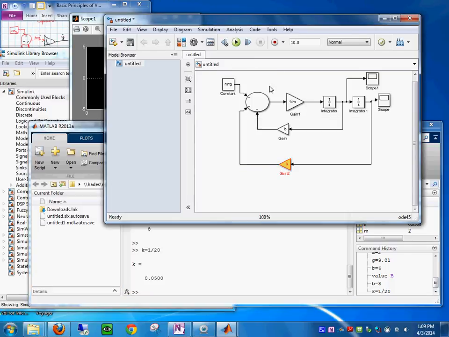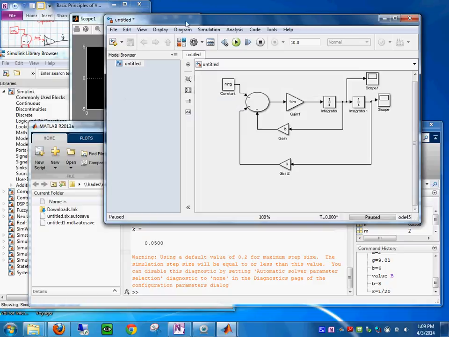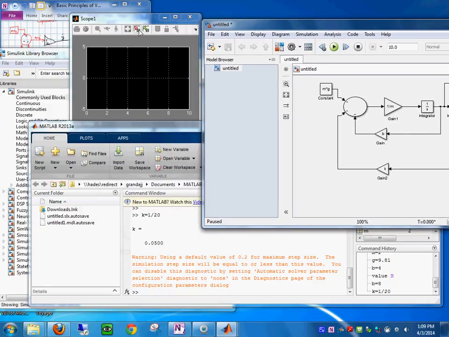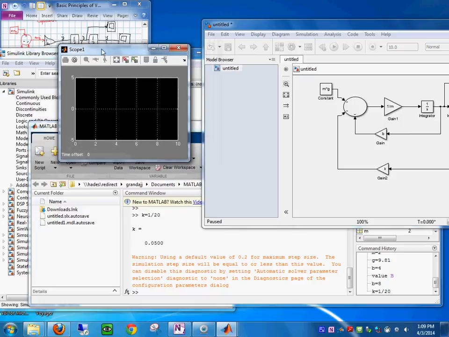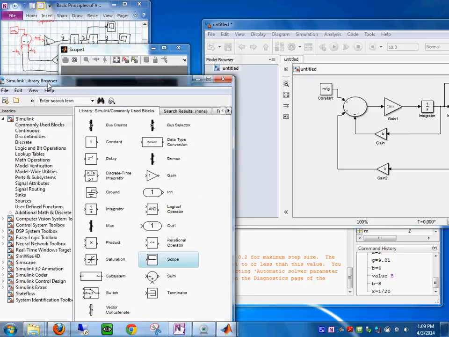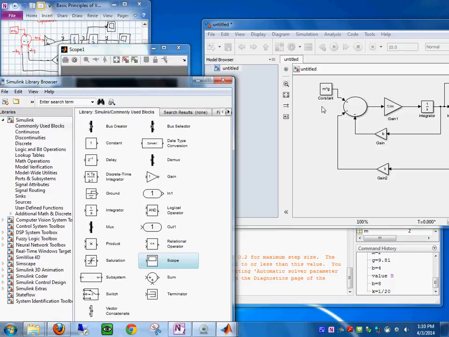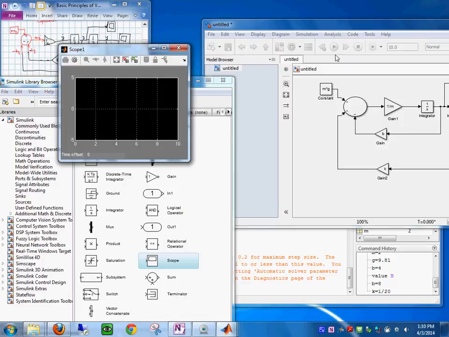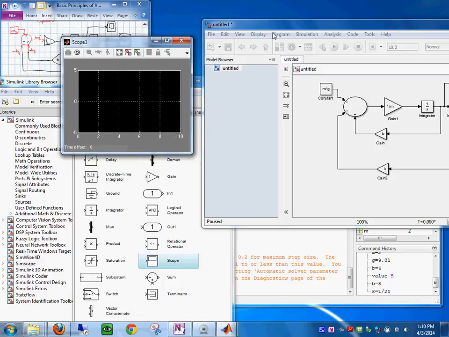So let's try again. Run. Yeah. Okay. So now what we need to do is to run it. Do we have both scopes or just one?